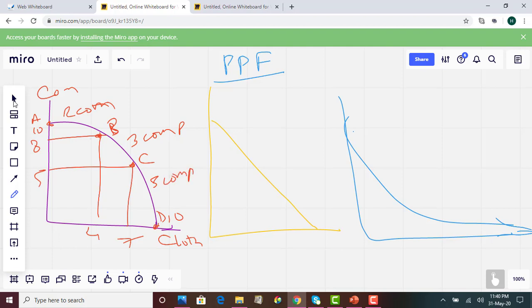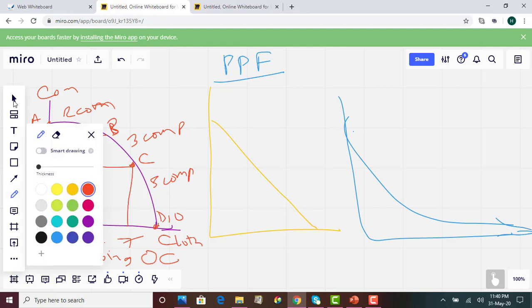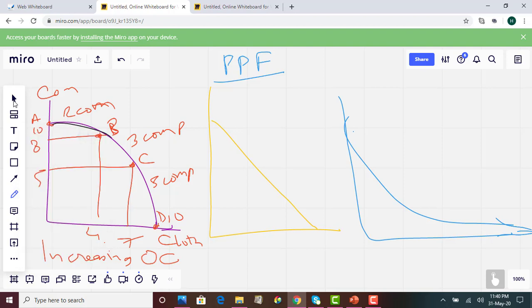So the opportunity cost is going up. When we have an increasing opportunity cost, in case of increasing opportunity cost, the shape of the graph will be concave or bulging outwards, like this.